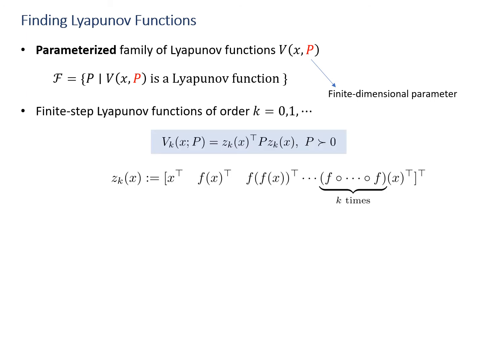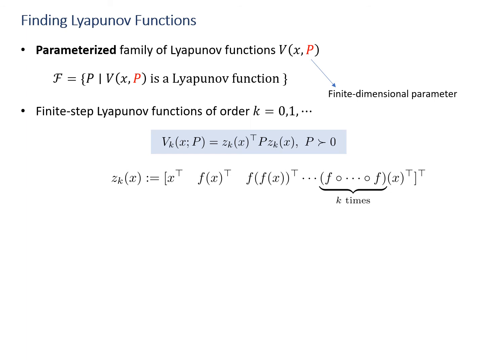In our framework, we use a finite-step Lyapunov function of order k, which has the following quadratic form. Here P is a symmetric positive definite matrix to ensure that the Lyapunov function is positive everywhere, and z_k(x) is a concatenation of the current state x and the next k evolved states.